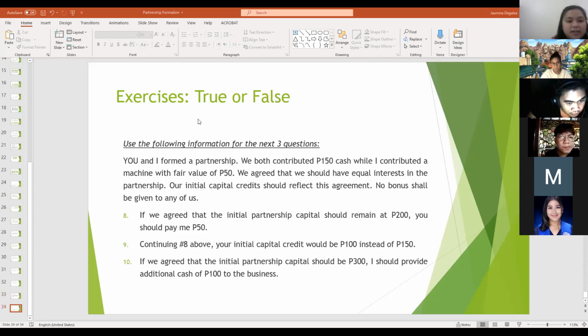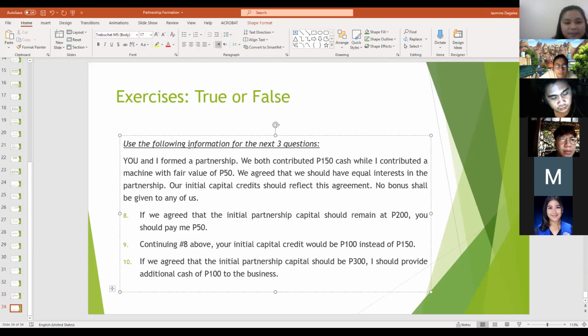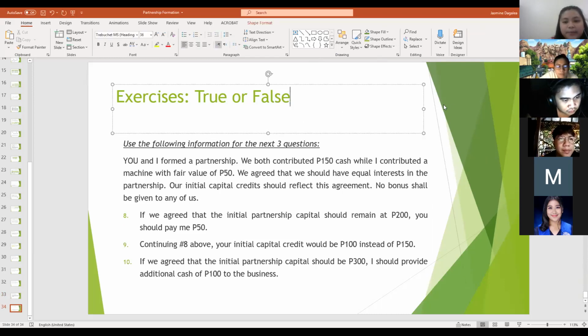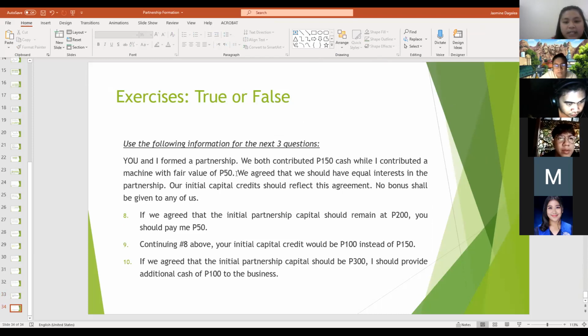So, next problem. Si you and I na nga lang. You and I formed a partnership. We both contributed 150 cash while I contributed a machine with fair value of 50. We agreed that we should have equal interests in the partnership.